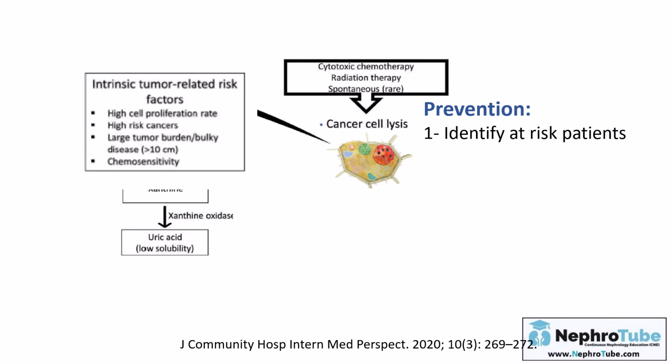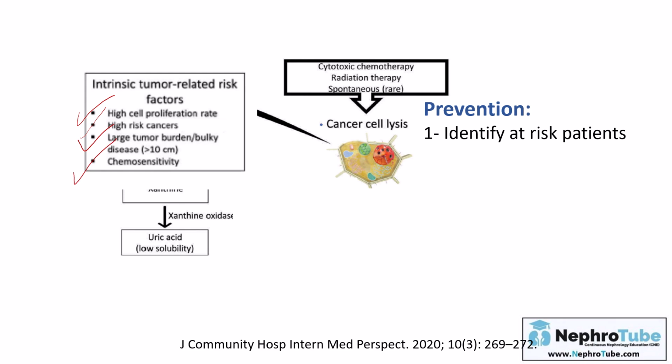Regarding the intrinsic tumor-related risk factors, which tumors are at risk of development of cell lysis and tumor lysis syndrome? Tumors with a high cell proliferation rate, tumors which are called high-risk cancers, tumors with a larger size, more than 10 centimeters, and chemosensitive tumors.